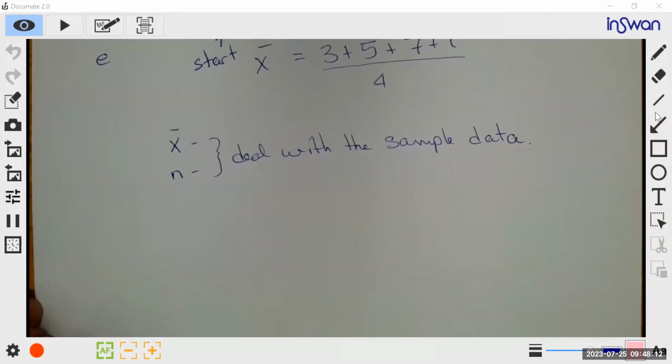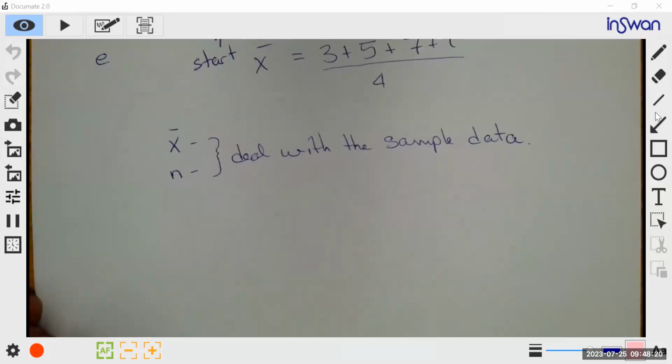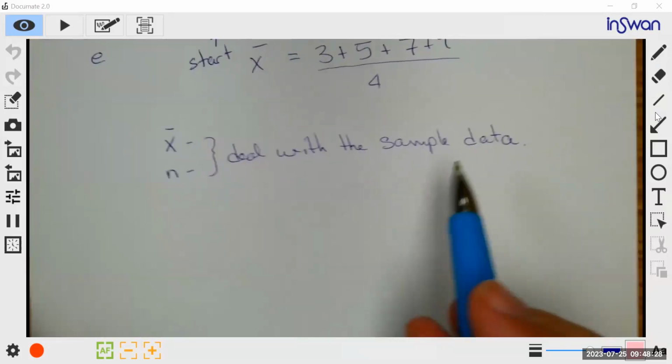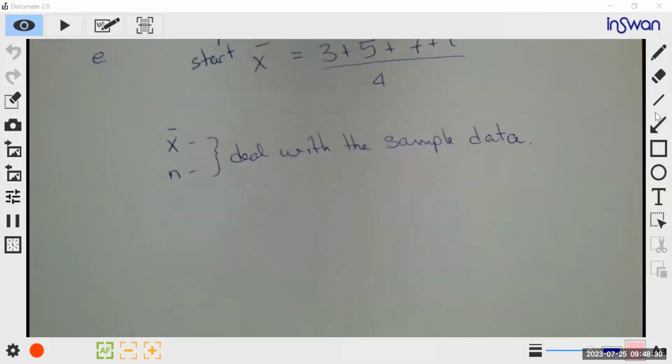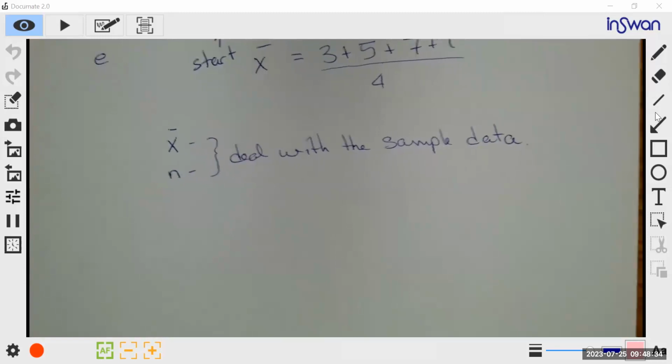Is it accurate? Because remember, what are we trying to do in statistics? We're trying to estimate what the population deals with. So this is just a sample. The bigger the sample, the more accurate you become, but you're still just taking a guess of a small portion of it.